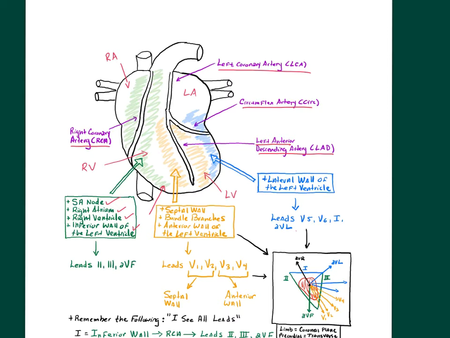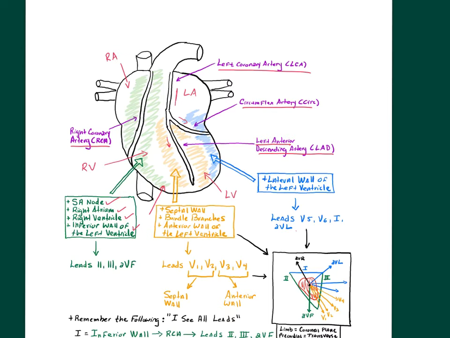Where the left coronary artery splits, you have the left main up here, and it splits into the circumflex and the LAD. The LAD, the left anterior descending artery, is going to perfuse primarily the septal wall, the septum, so those are your bundle branches in there, and the anterior part of the left ventricle, which is actually a significant chunk of tissue. Does that make sense?